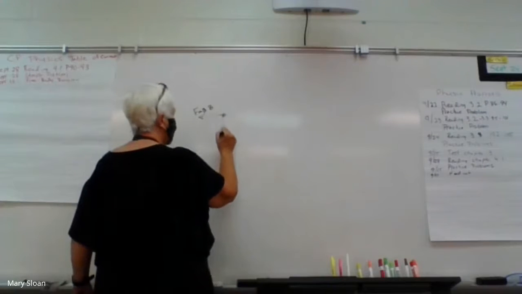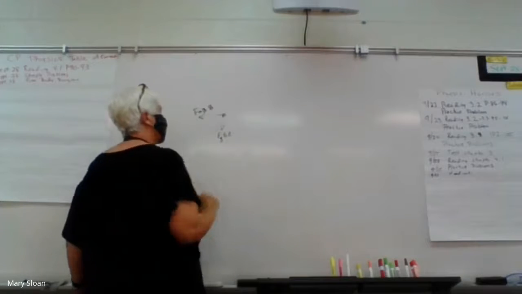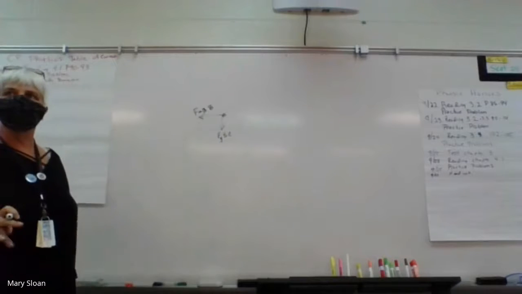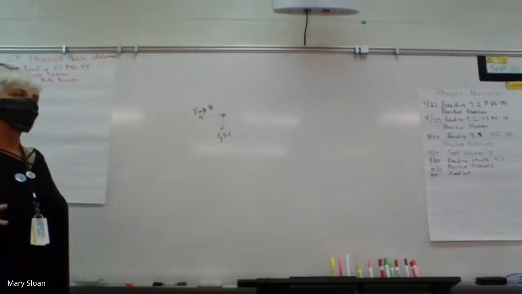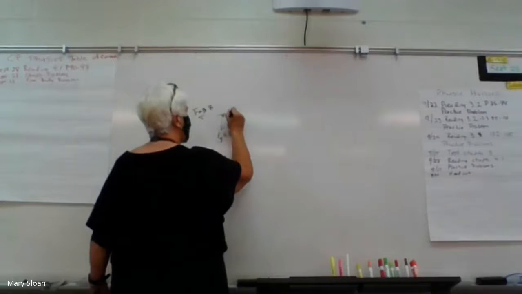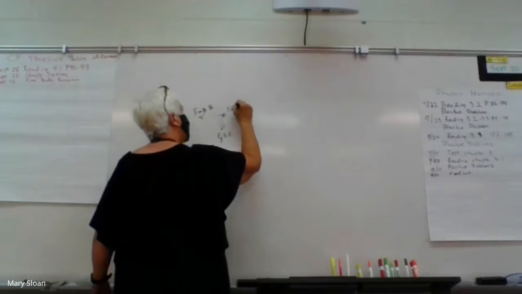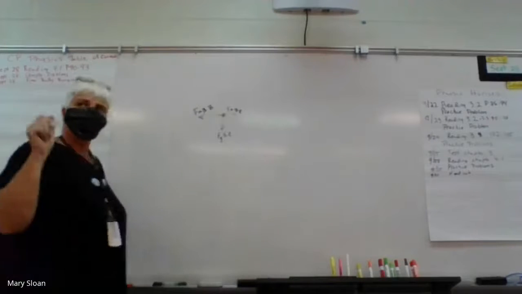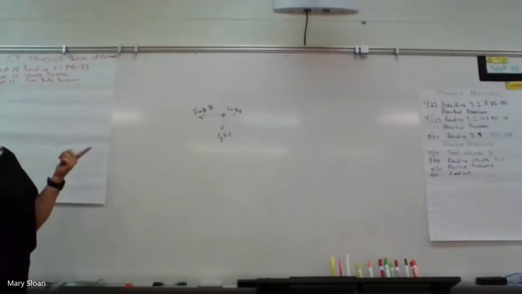Okay. So we've got the force of gravity on the ball by the earth. What other force? Force of the pitcher throwing it. Okay. So there is a force applied there by the pitcher, right? Force applied on the ball by the pitcher. Anything else? That's about it, right?